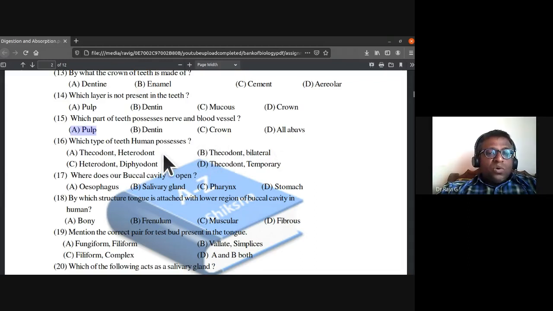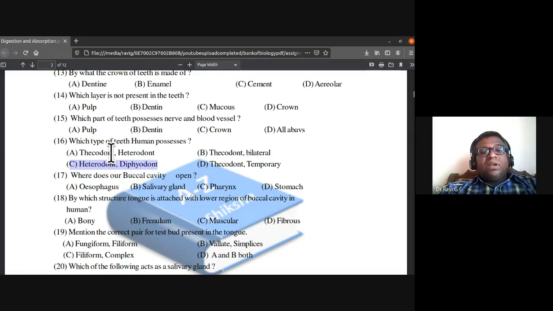B and D are ruled out. So it should be A or C. We generally say it as all the three. We would have told it: heterodont, thecodont, and diphyodont. But here they have asked about type of teeth humans possess. So the 16th one, the answer is C. So heterodont, diphyodont.